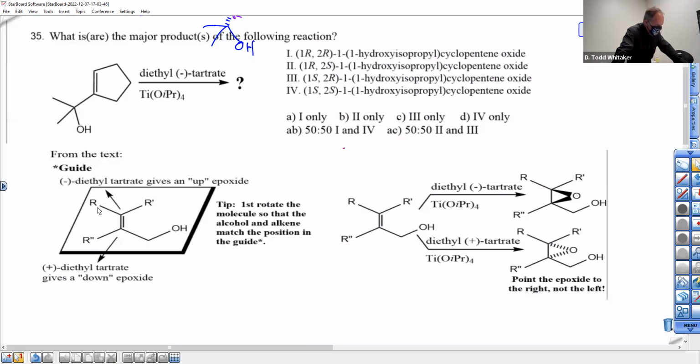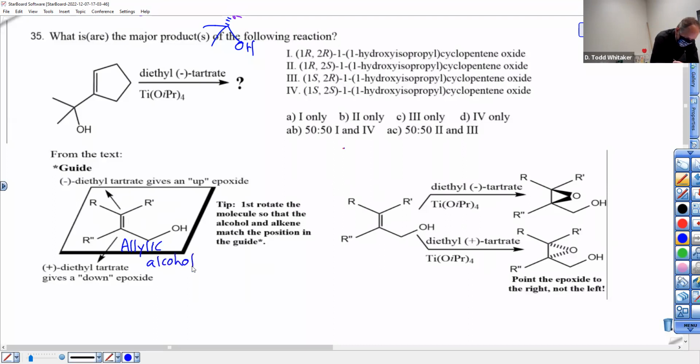And your special alkene is called an allylic alcohol. It must be an allylic alcohol or else this reaction doesn't work. Allylic alcohol. If you draw your allylic alcohol so the double bond is on the left and the OH is on the right, like this bottom right, I will try redrawing my molecule here so it looks a little closer.